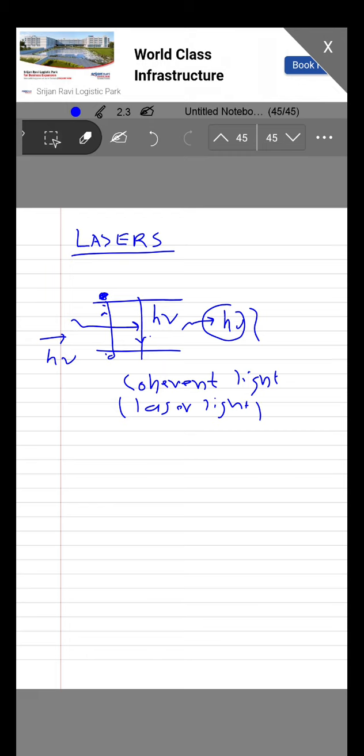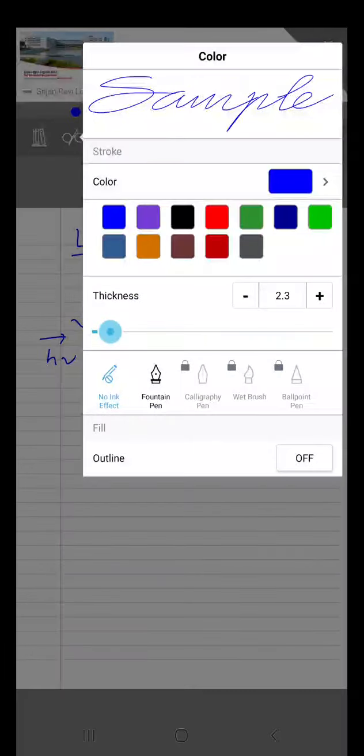This process of inducing radiation while the emission process is undergoing is called stimulated emission.